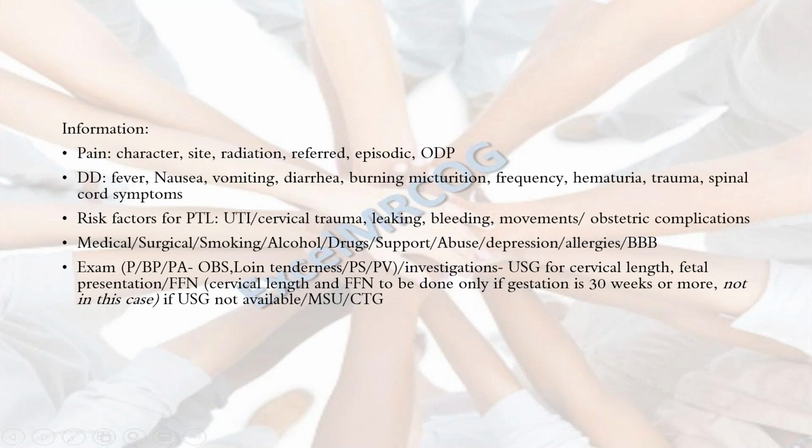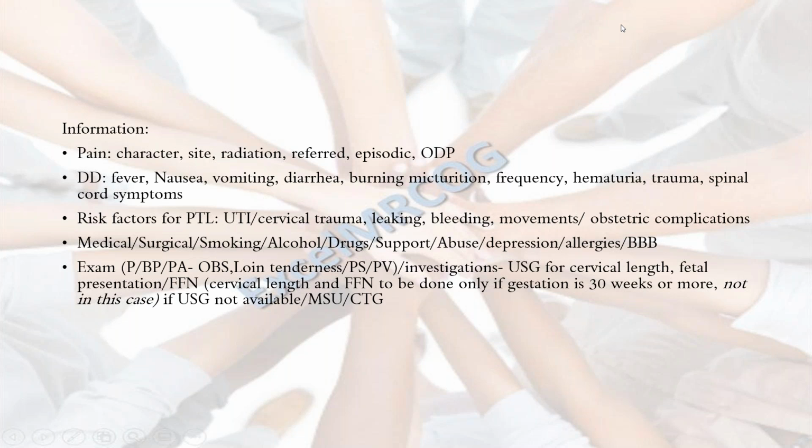Complaint first, then rule out the other differentials. Okay, you have a differential diagnosis in mind. You said UTI, so you want to ask about fever, gastrointestinal problems, nausea, vomiting, diarrhea, urinary infections, so burning micturition, frequency, hematuria, history of trauma, any spinal cord symptoms. Okay, so this is for your differential.